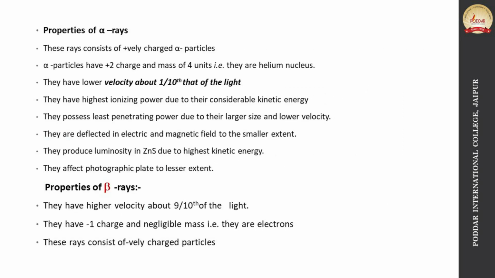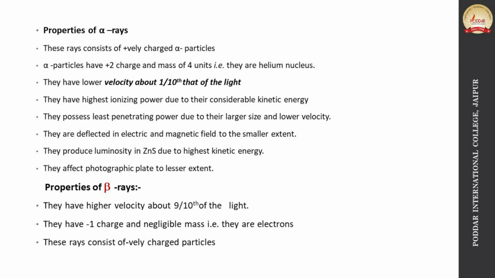Now the properties of alpha, beta, and gamma rays. The first one is the properties of alpha rays. These rays consist of positively charged alpha particles, which have +2 charge and mass of 4 units, that is, they are helium nuclei, and they have a lower velocity of about 1/10 of light.